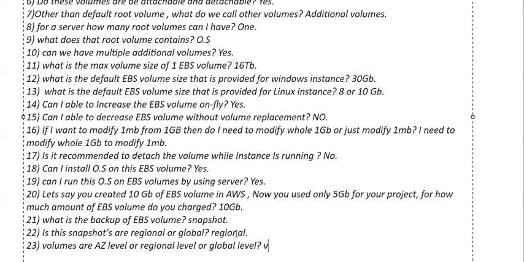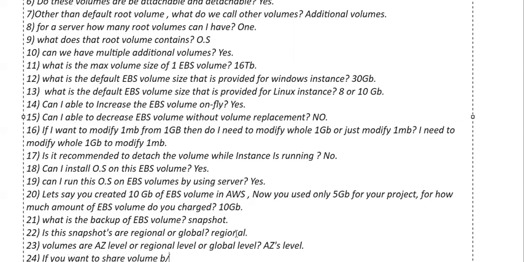These volumes will be present at the availability zone level. Now the question is, if I want to share my volume to another availability zone, how can I share it? By using snapshots.